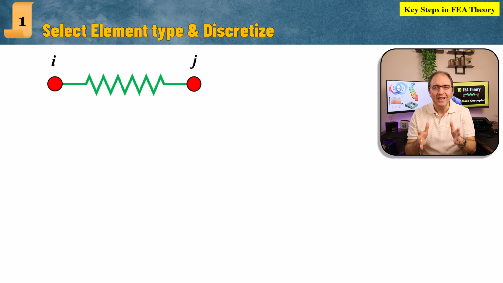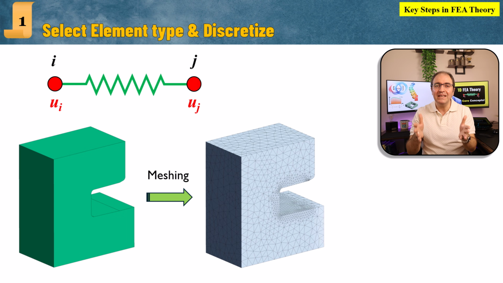So at node i, you have a displacement value ui, and it is uj at node j. These degrees of freedom are what the solver ultimately computes, and everything else, like strains and stresses, gets derived from them.